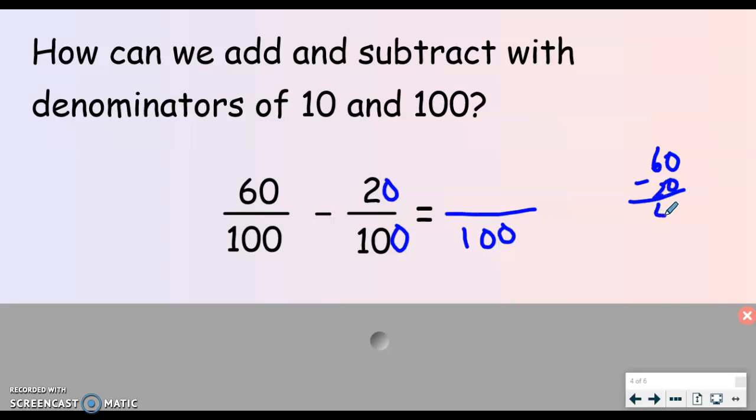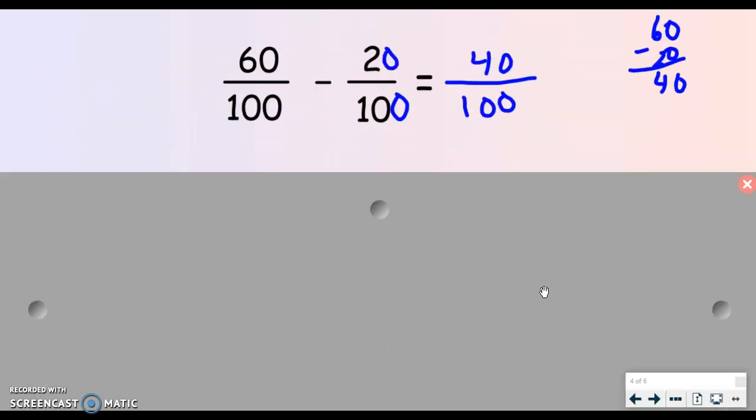But you'll get 40. Okay, so 40/100ths is our answer. You can simplify this. You could divide everything by 10 again, and you would get 4 tenths, or you can leave it as this, because remember, those would be equivalent to each other.